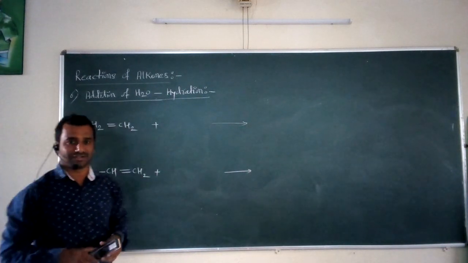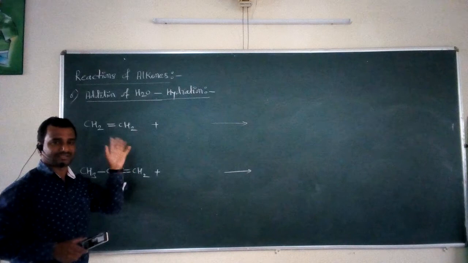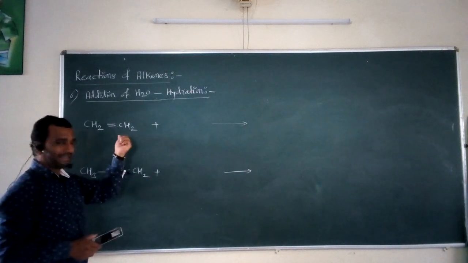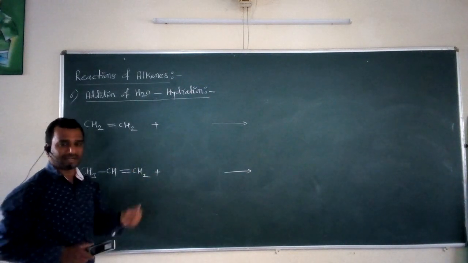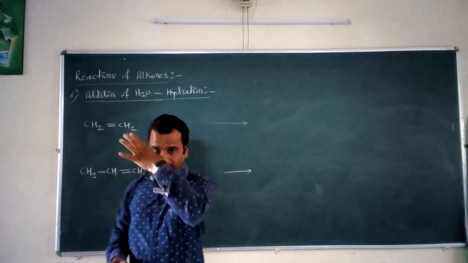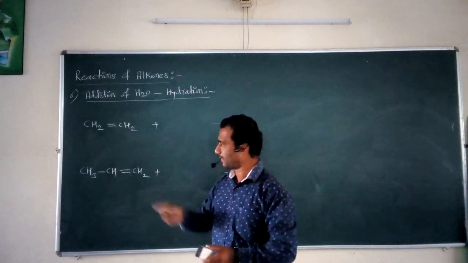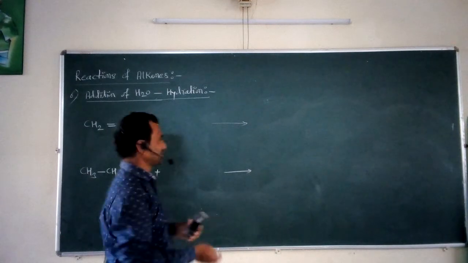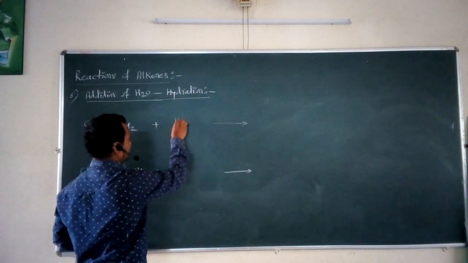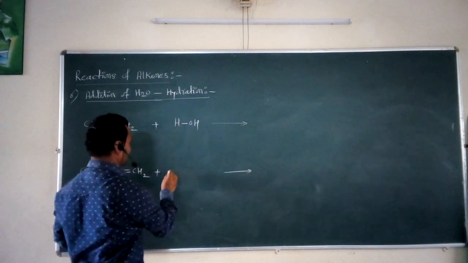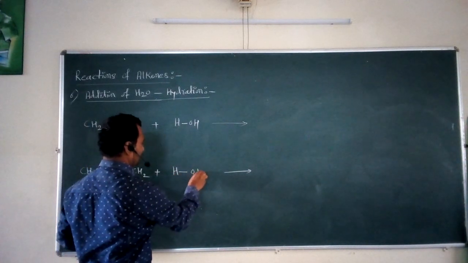Now what do I have to take into consideration? Again I take the same reactants. One is ethene, the second is propene. Now what happens when ethene and propene react with a water molecule? What type of products can be obtained? First of all, this is H single bond OH. In this case also I have to write H single bond OH.